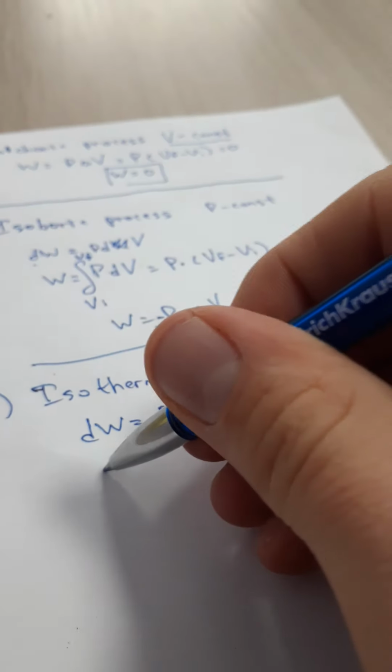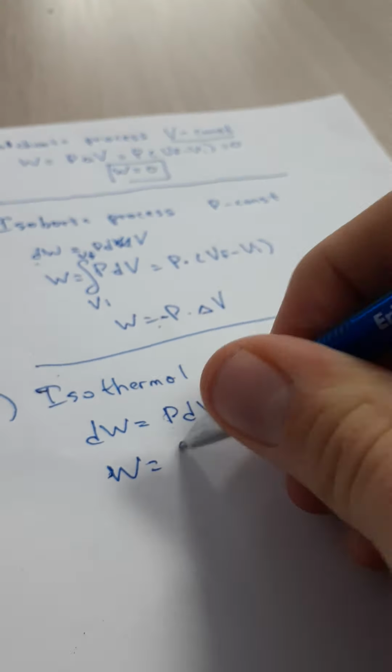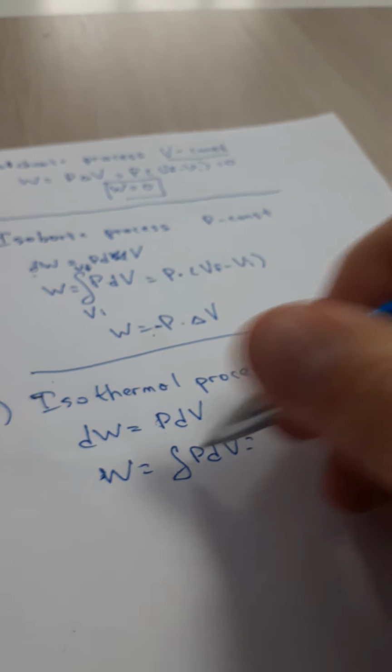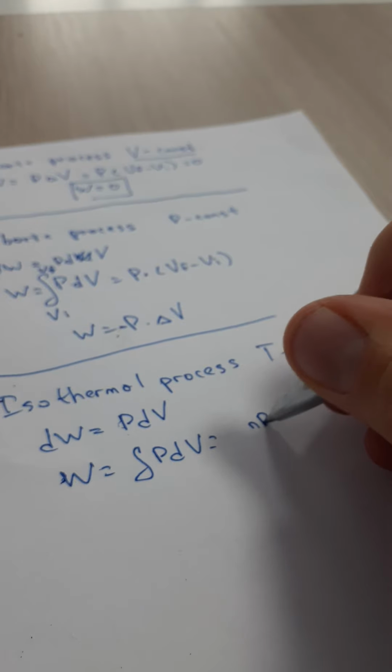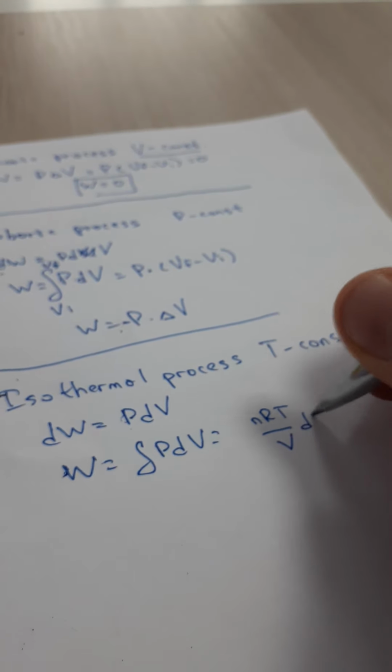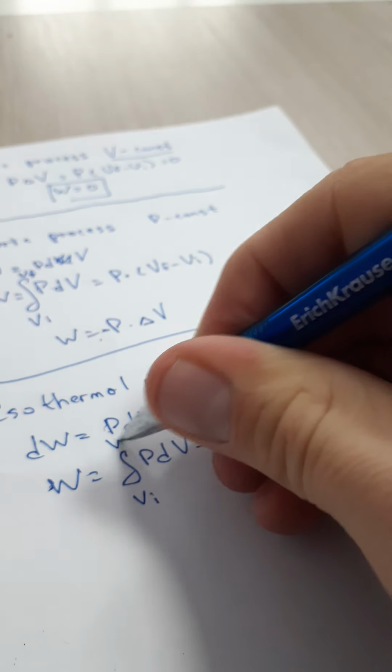So what will we do? When we take the integral of P dV, we will write P from the ideal gas formula, like nRT over V, from the initial to the final.